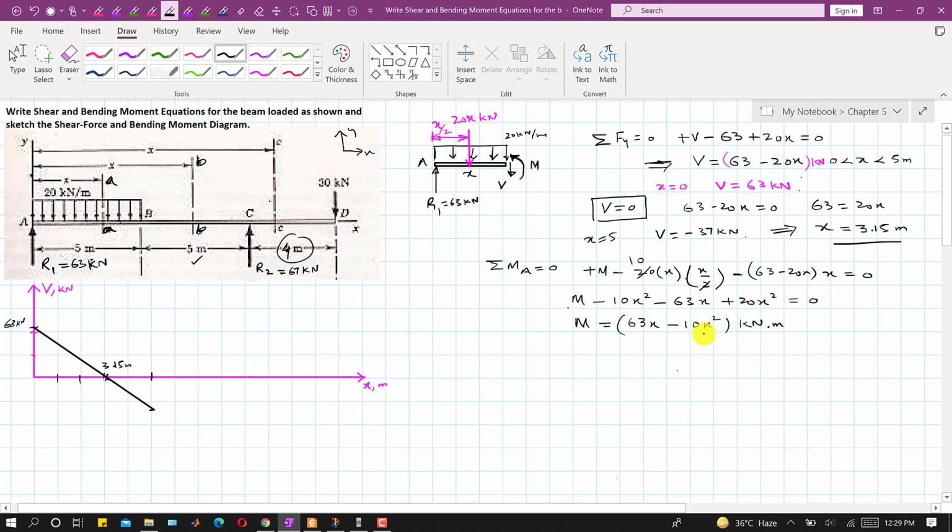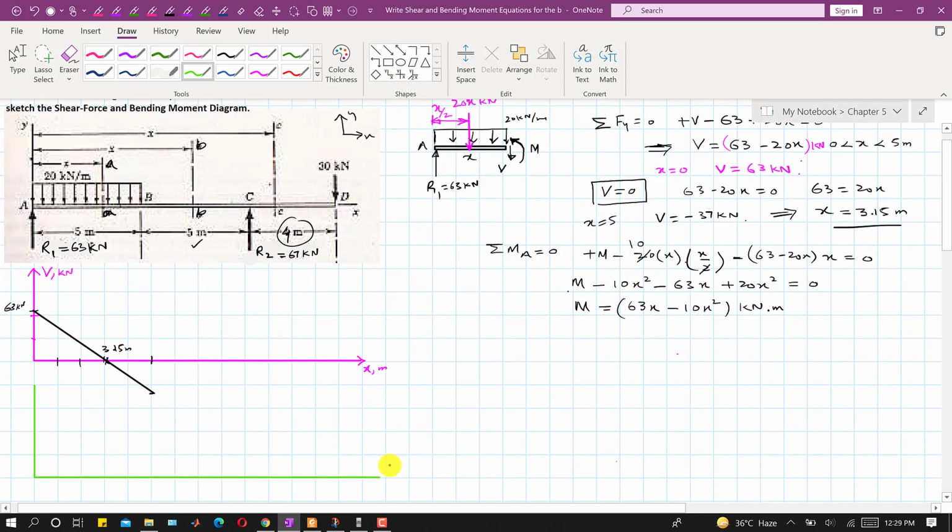So since it's a second degree equation, we can plot it as well, right? So let's say that this is again along the y-axis, this is our moment, which is in kilonewton meter, and along the x-axis is x, the length in meters, right? So now if I put x equal to 0 in this equation, the moment is equal to 0.